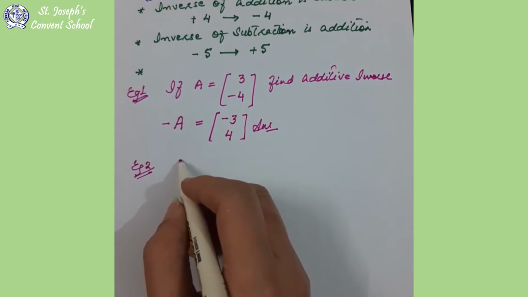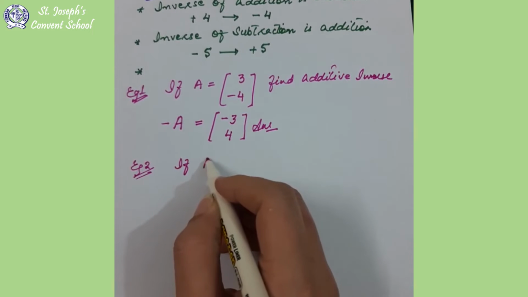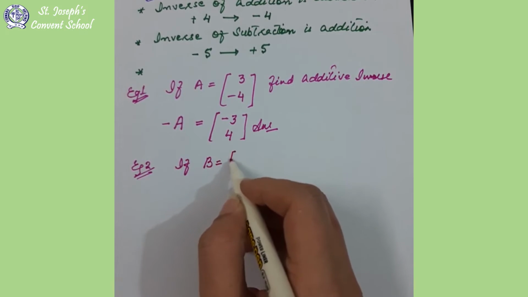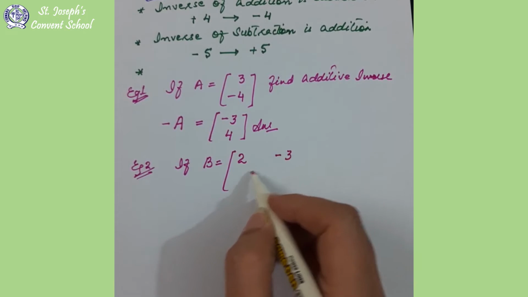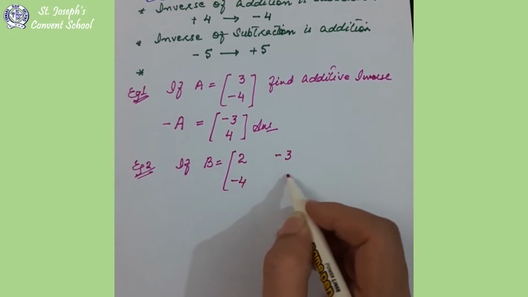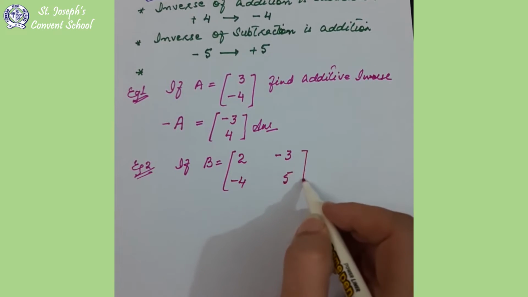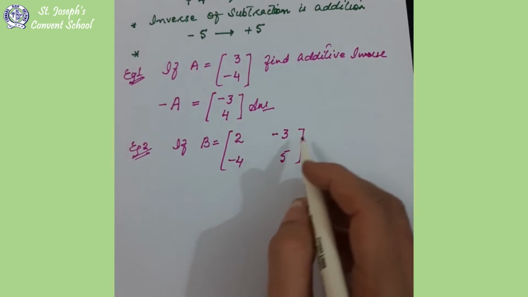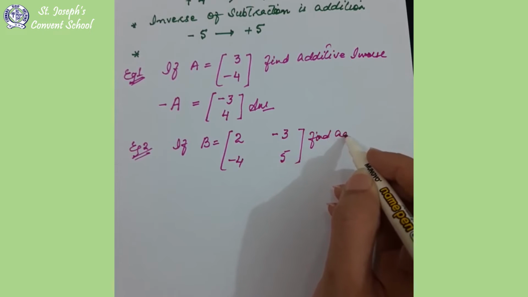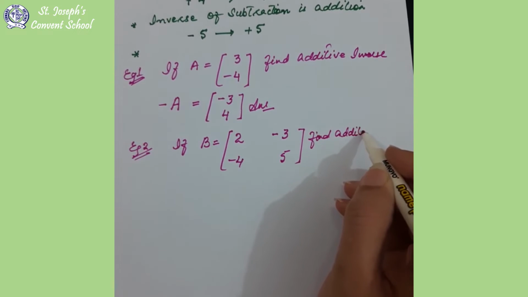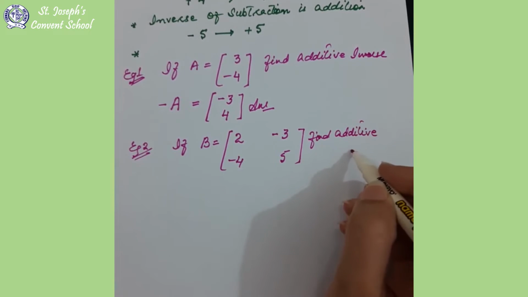Okay, one more example. If matrix B is 2, minus 3, minus 4 and 5, find the additive inverse.